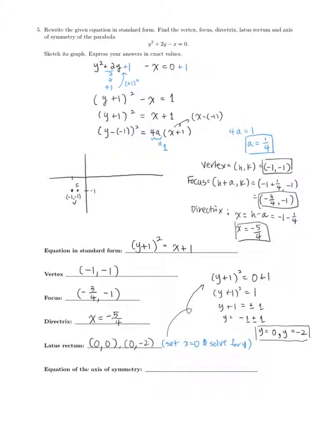And then the directrix is x equals negative 5/4, so let me draw that. So that's the directrix, x equals negative 5/4. Now the latus rectum endpoints are (0, 0), so it's right here, and then (0, negative 2).